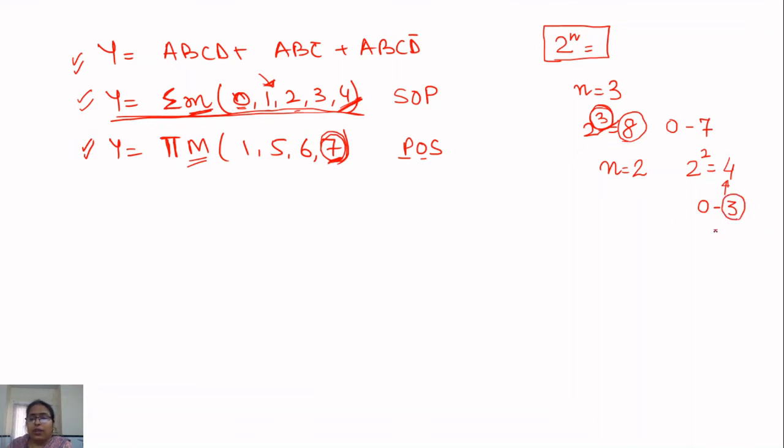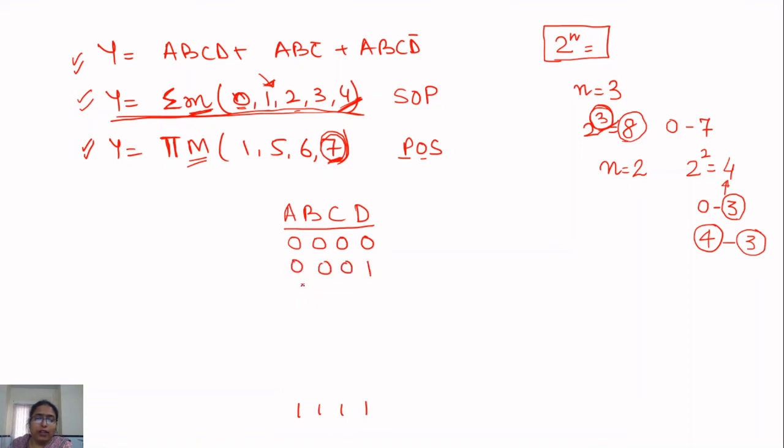If I have n equal to 2, then 2 raised to power 2 equal to 4, so my number of terms will be 4, with terms from 0 to 3, so the maximum number will be 3. But if I have number 4 also, then I require 3 digits, which is required in digital. So note down this: if I have 4 variables, A B C D, digital counting goes from 0 0 0 0 up to 1 1 1 1. So this is 0 0 0 1, this is 0 0 1 0, this is 0 0 1 1, and so on up to all ones.